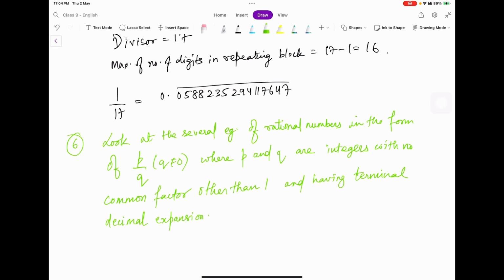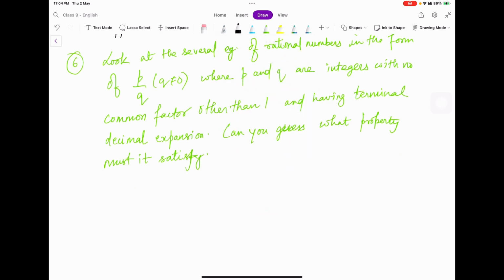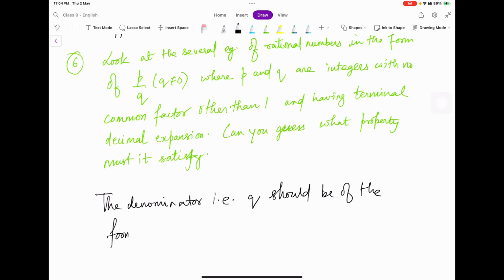Can you guess what property it must satisfy? I have already told you, this is the property: the denominator, that is q, should be of the form 2 to the power m into 5 to the power n, where m and n are integers.